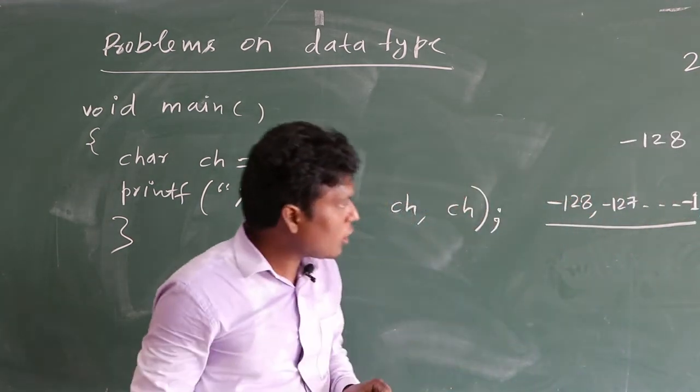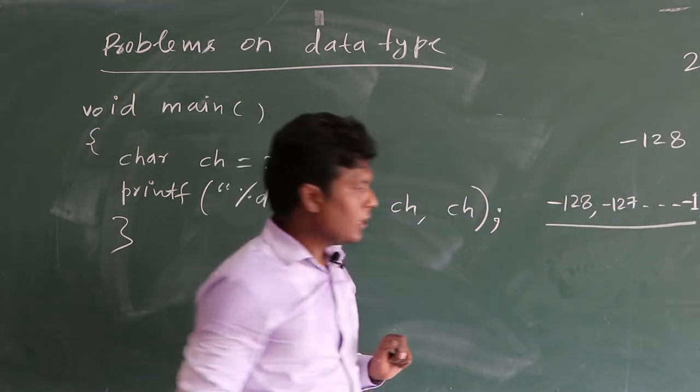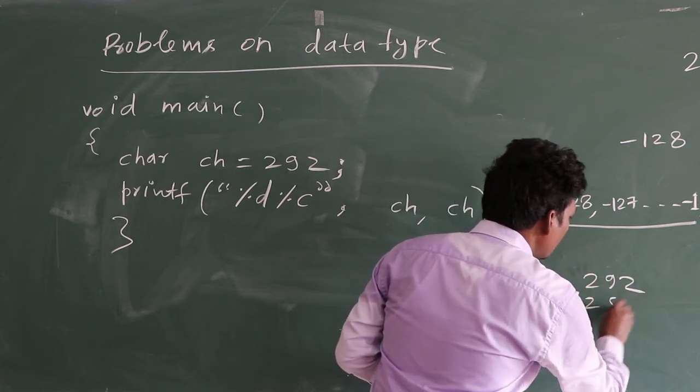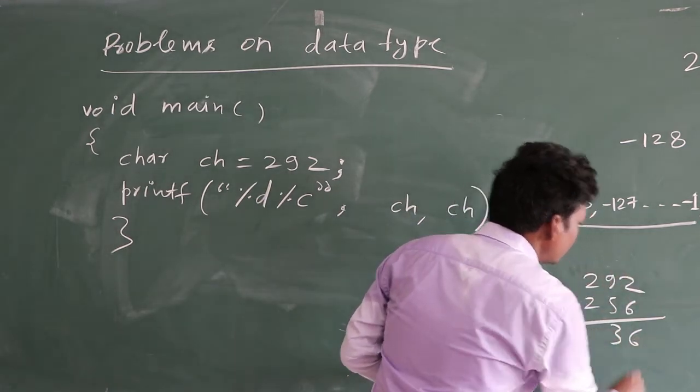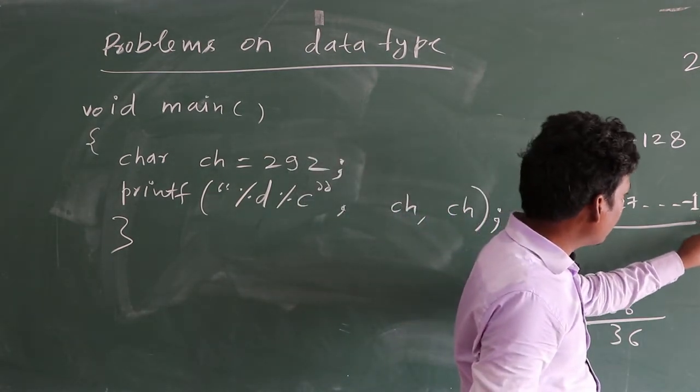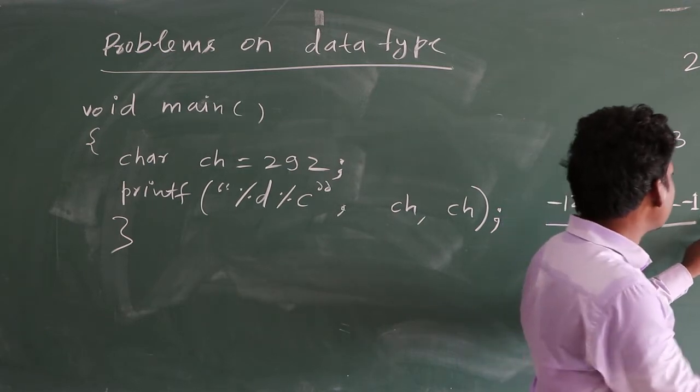256 is still short of 292. How much short? 292 minus 256 is 36. So we are here currently, we have to go 36 points more.